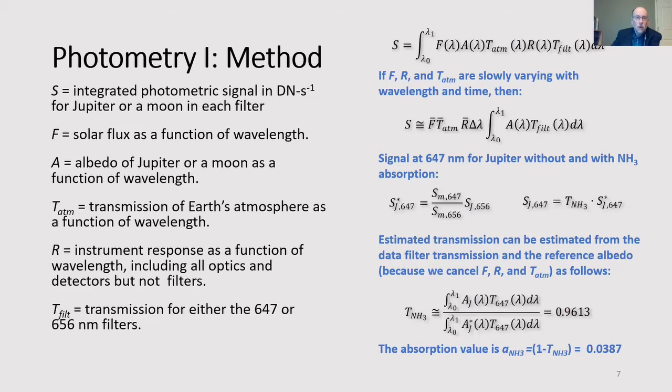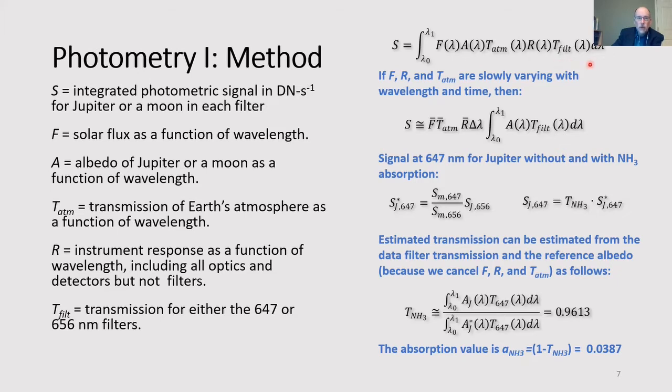So how does this work? What we want to look at is the equation at the top here. I'll go through these really quickly. The signal we see is basically the integral of the solar flux times the albedo of the object we're looking at, times the transmission of the Earth's atmosphere, times the response of the instrument. And then I've pulled out the filter that we're using separately.